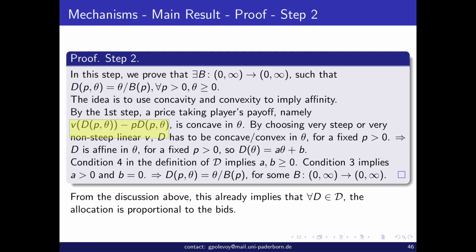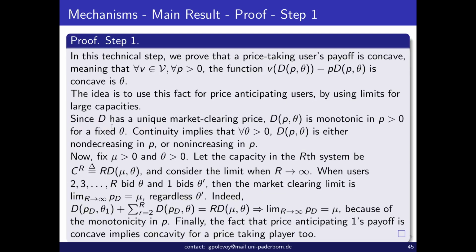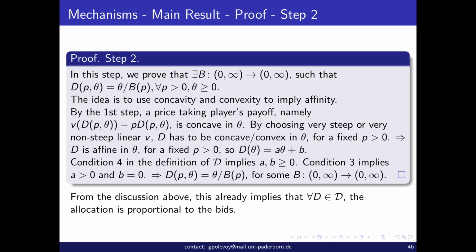Now V works for all the V's, for any V in calligraphic V. Therefore, by choosing sometimes very steep linear V, sometimes very non-steep, close to being a horizontal linear V, we'll eventually conclude that in one case D has to be concave, in another case D has to be convex in theta, for any fixed price.